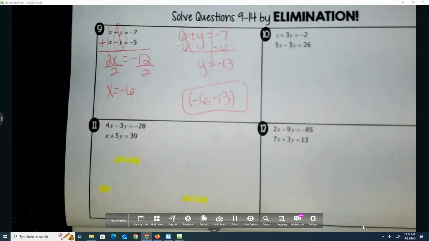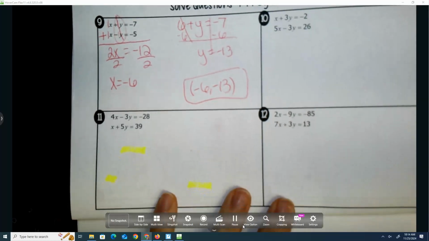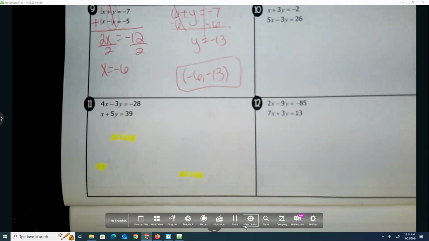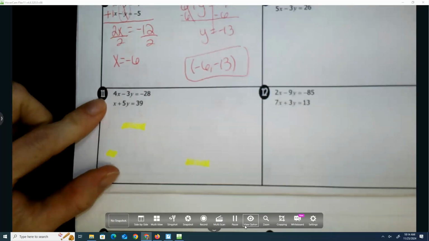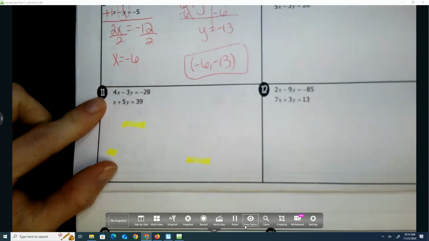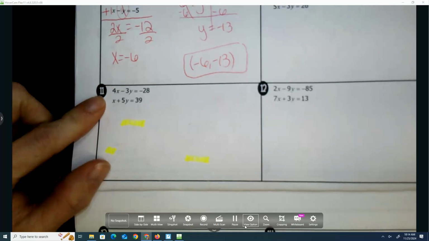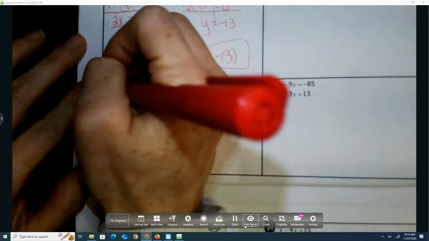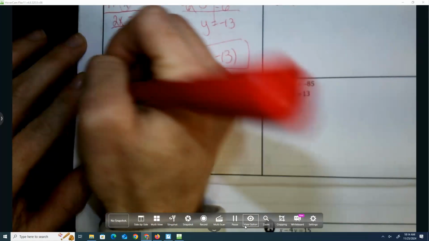Okay, let's look at problem 11 together. Do either of my variables just cancel right now? No. How can I make them cancel? Okay, take the second one times -4.